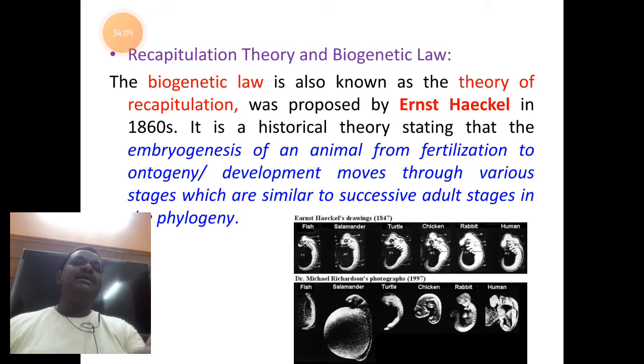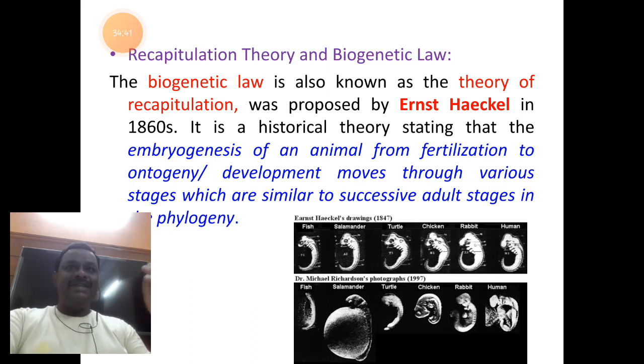The next homology concept is the concept of recapitulation theory, which is also called the biogenetic law of Ernst Haeckel. It is one of the most popular theories of embryological evidences of organic evolution, which was given by Ernst Haeckel in the 1860s.